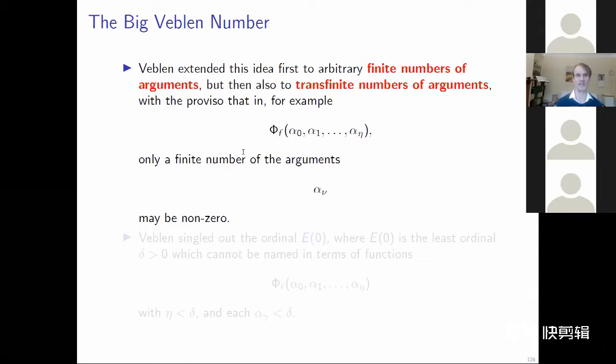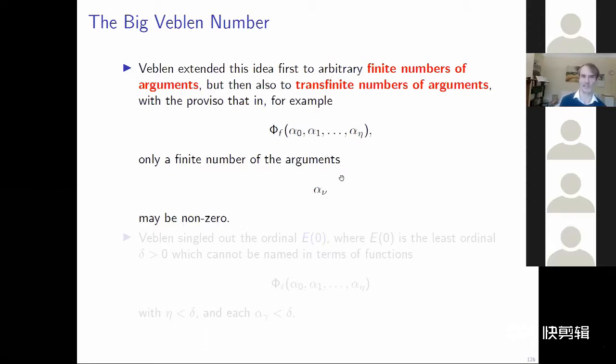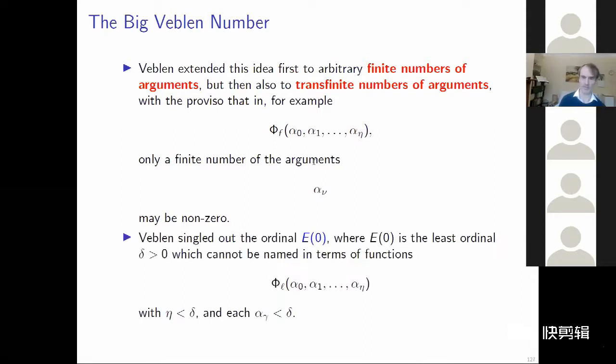He allowed a transfinite number of arguments, only with the proviso that at any given time only finitely many of these arguments are non-zero. And this big Veblen function gives rise to another representation system, which is called the big Veblen number. Okay, so much for that.